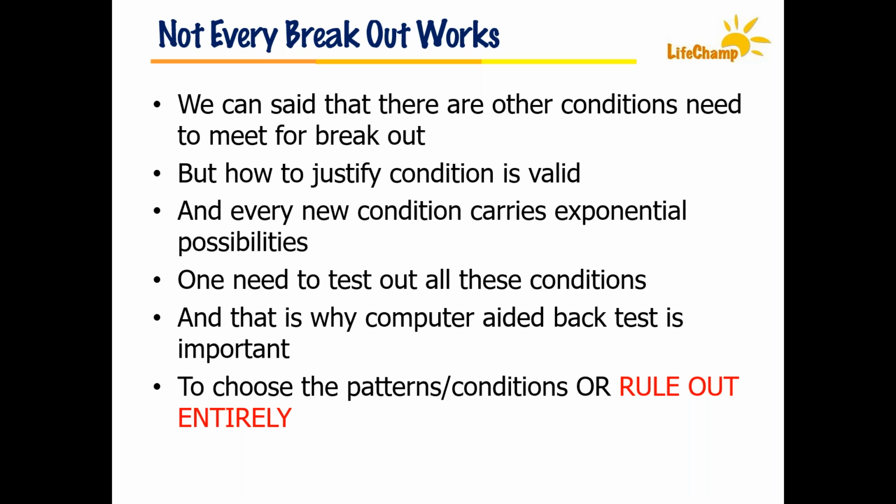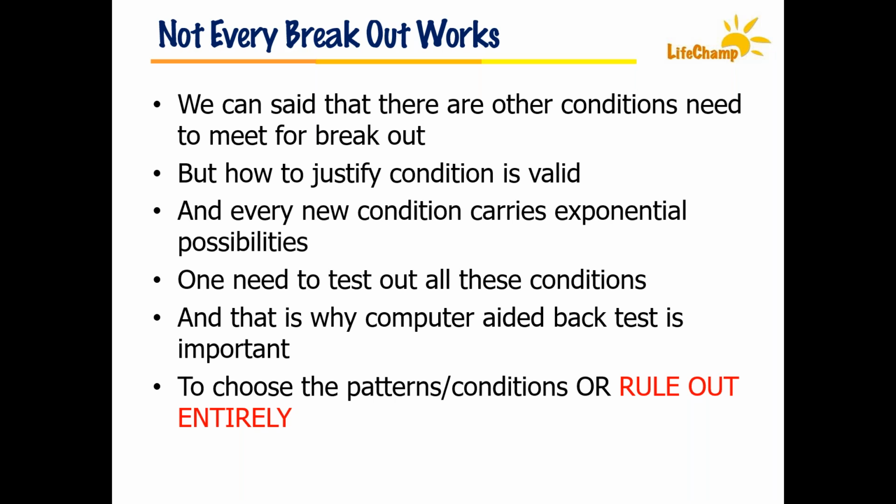True and false carry exponential results when you add more and more elements, so one needs to test all these specific possibilities. But if you test manually, it would almost take you 8 years. That's why computer-aided backtesting is so important.